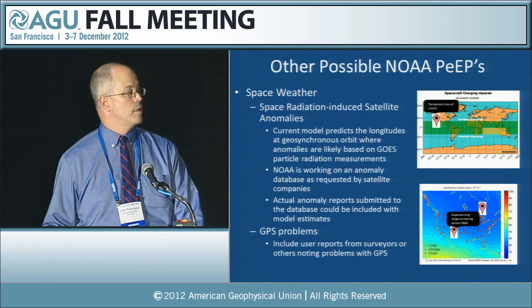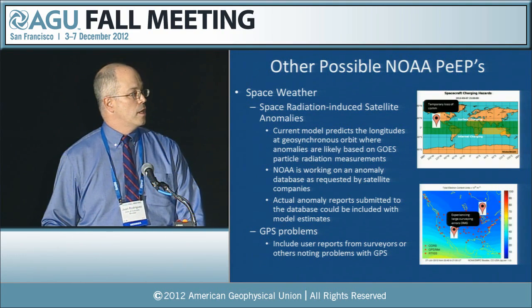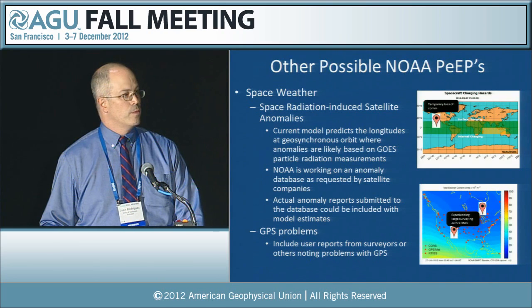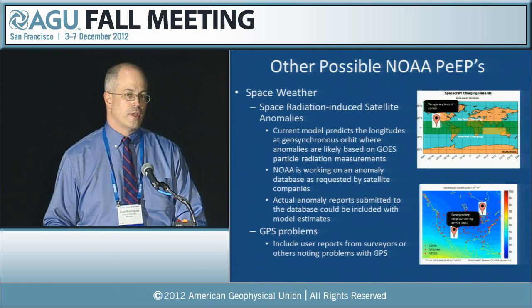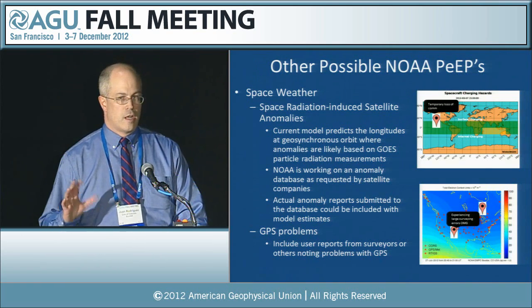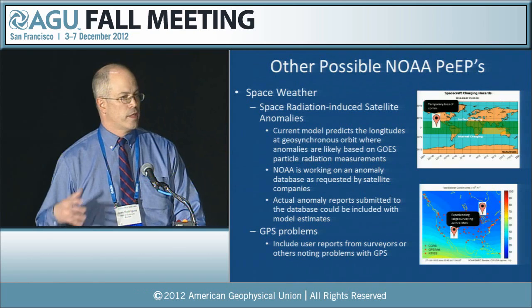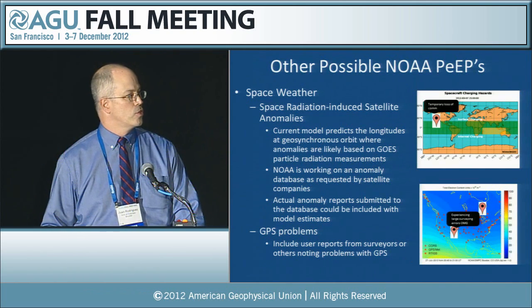And in this case, we wouldn't rely on tweets from satellite operators, but rather internet-based forms that they could fill out anonymously, providing the location and the nature of the anomaly, if they so choose.